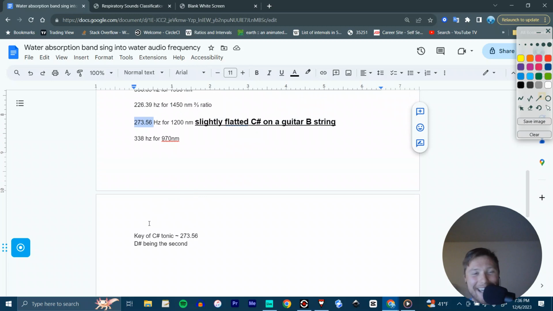Okay, so this key of C sharp, C sharp being the tonic. Now it's not a normal C sharp. Normal C sharp is slightly sharped, slightly raised. I'm talking about a slightly flatted C sharp on a guitar B string. It's essentially the same 273.56 hertz.